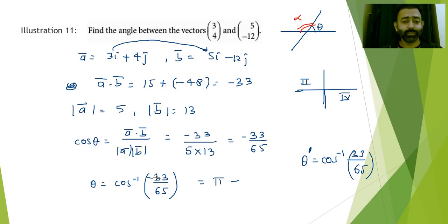Had it been just plus 33 by 65, we would go for cos inverse 33 by 65, which is an acute angle. But if this cos theta comes out to be negative, that means the angle is obtuse. So you can write this as pi minus cos inverse of the positive value 33 by 65, whatever is the value. Fine.